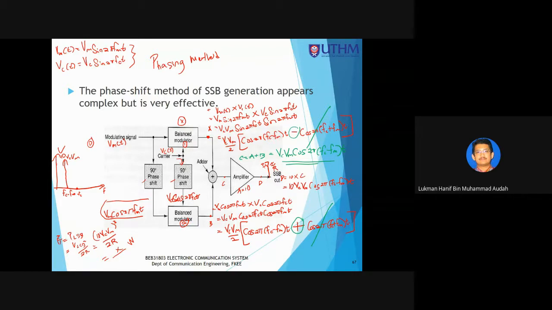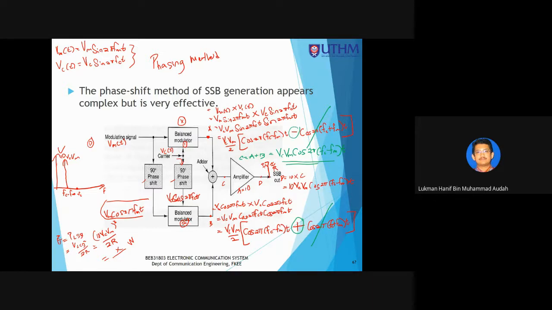Selesai. Okay. So dalam example saya ini, saya tunjukkan menggunakan variable. Tetapi dalam soalan exam tersebut, kamu telah diberikan value.